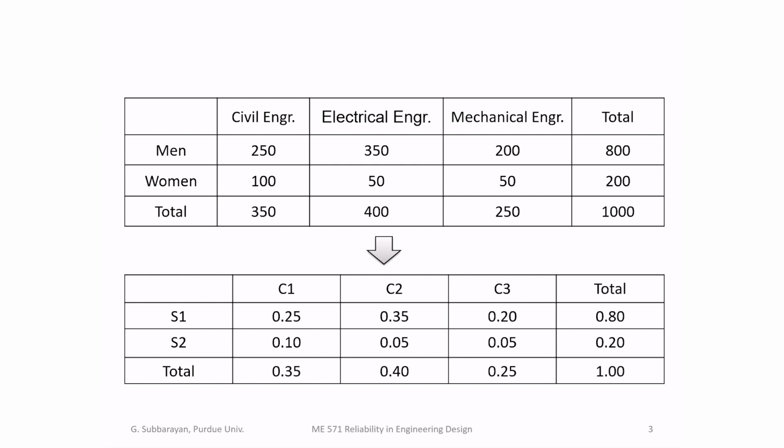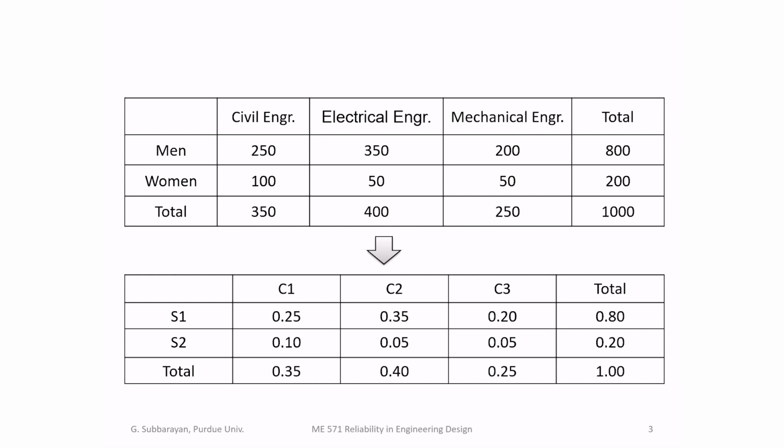And so now the first question is, what's the probability that a student is woman and in mechanical engineering? So in other words, what we are seeking is the probability that a student is woman and in mechanical engineering. So what we are seeking is the probability S2 and C3 or C3 and S2, and that probability is going to be 0.05.